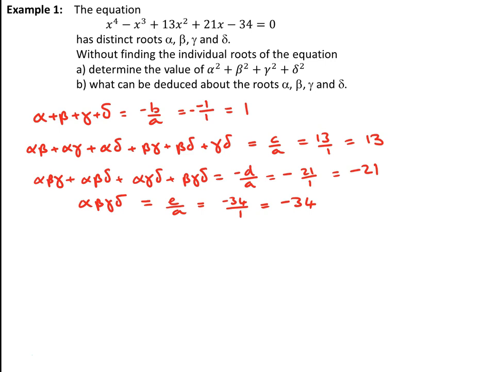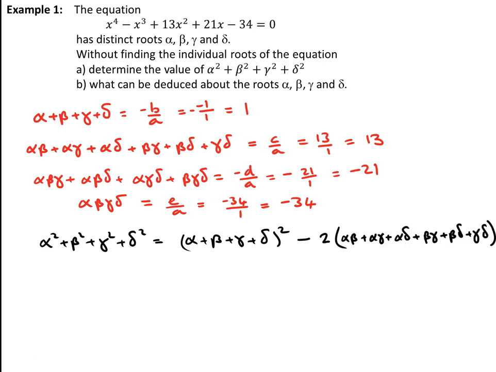Now we want the value of alpha squared plus beta squared plus gamma squared plus delta squared. And the preliminary result that we had right at the beginning of this video reminded us that this is exactly the same as alpha plus beta plus gamma plus delta all squared, take away two lots of alpha beta plus alpha gamma plus alpha delta plus beta gamma plus beta delta plus gamma delta.